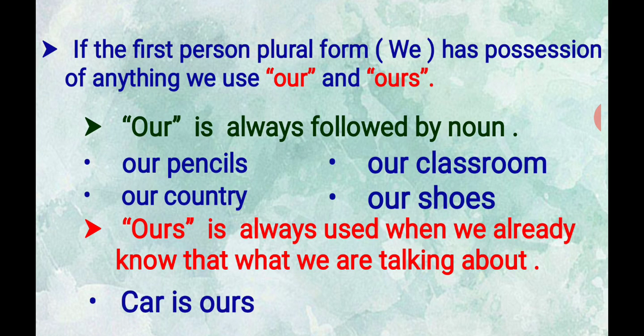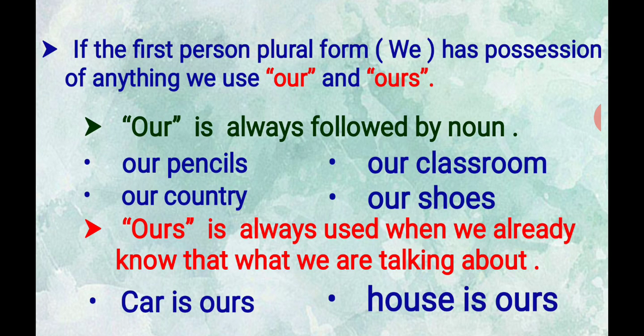Car is ours. We are talking about a particular car. That car is ours. That box is ours. That house is ours. That bicycle is ours.